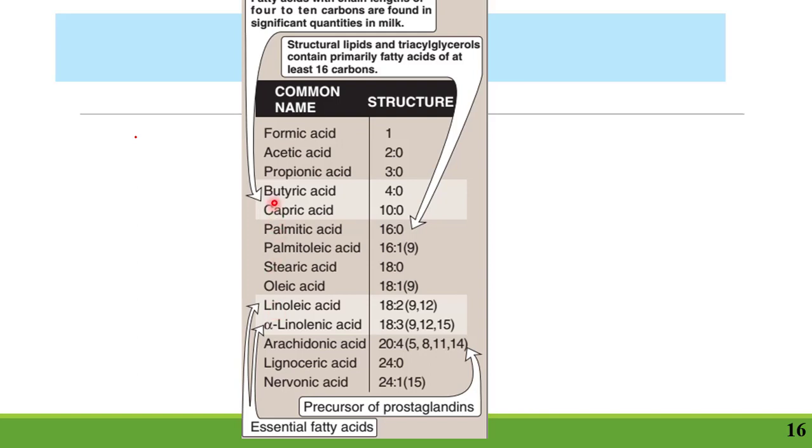Butyric acid has 4 carbons, capric 10, palmitic 16, palmitoleic 16 with 1 double bond, stearic 18 without double bond, oleic 18 with 1 double bond, linoleic 18 with 2 double bonds, alpha-linolenic 18 with 3 double bonds, arachidonic 20 with 4 double bonds, lignoceric and nervonic 24 with no double bond and 1 double bond.